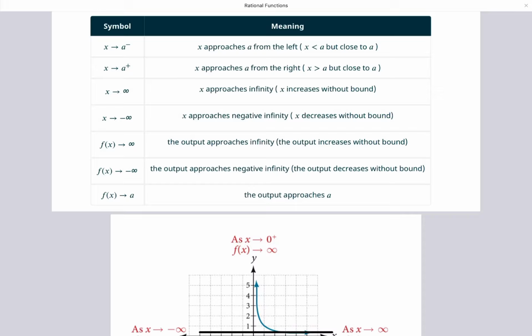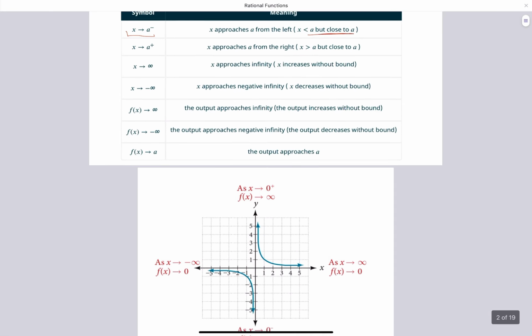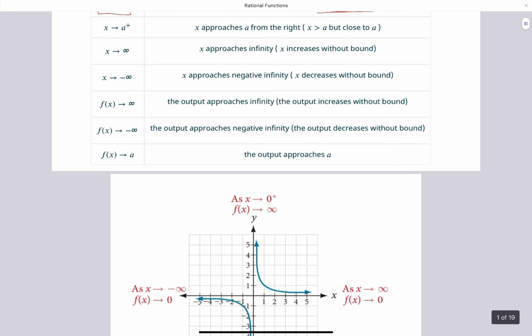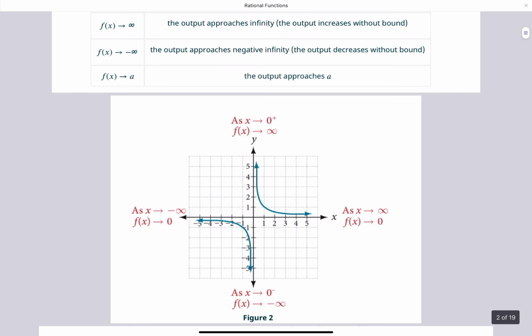Now, starting off with the first one, as x approaches a negative, you can call it that if you want. As x approaches a from the left side, x is less than a but close to a. Let me give you an example. Actually, we can understand this from this graph. Let's say x is approaching 0 negative.